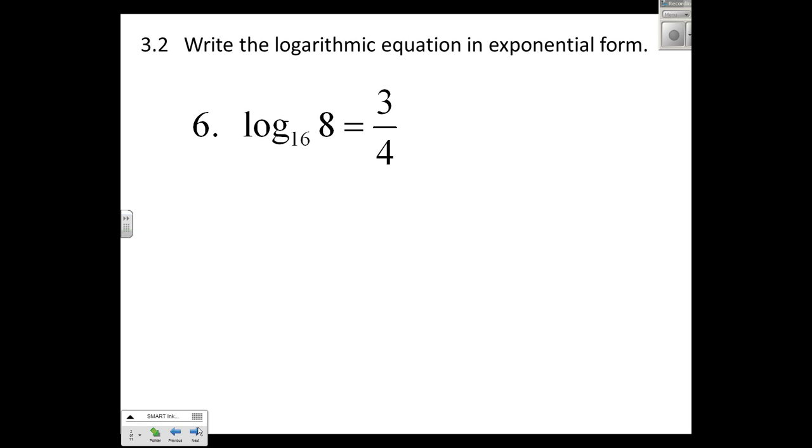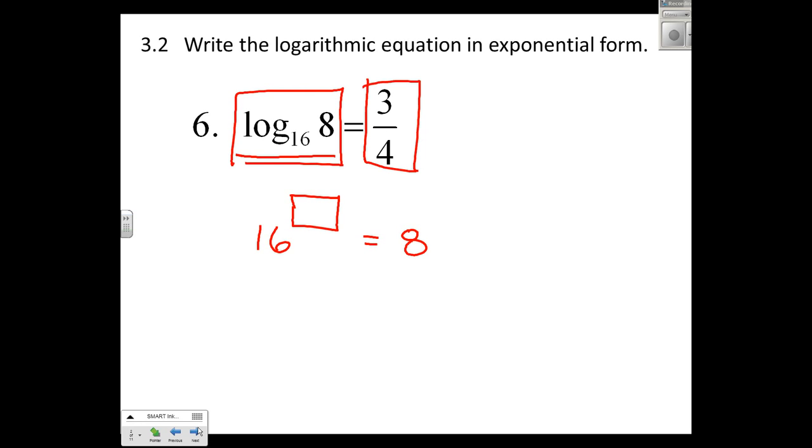So, write the logarithmic equation in exponential form. Let's understand that. I would read this as log base 16 of 8, but I would think of it as the exponent that turns 16 into 8. But this is equal to 3/4.